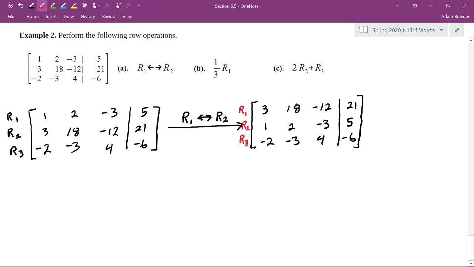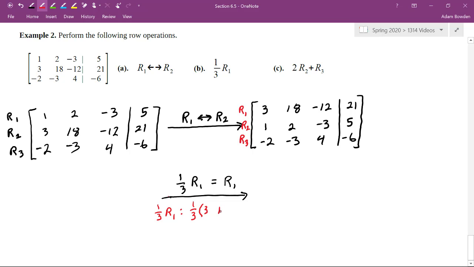Okay, now what we have here is our new row 1, our new row 2, and our new row 3. The next step, I'm going to use the rows as I have them now swapped around. I'm not going to go back to where I started. So with the next row operation, I'm going to do a multiplication. I'm going to take 1/3 row 1, and that's going to equal a new row 1. So I'm going to write that down so you can see how I get the numbers. I take 1/3 times row 1, the row 1 that we just created in our last step.